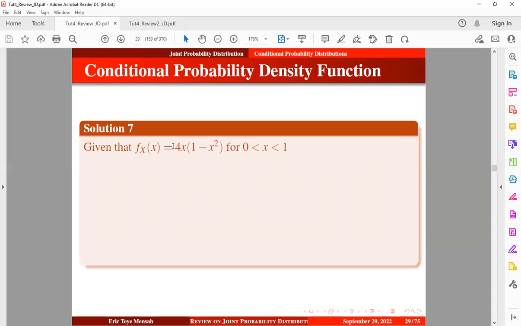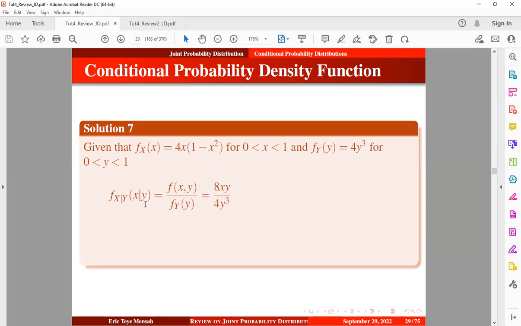Given that the marginal PDF of X is given by this, and the marginal PDF of Y is given in this form, we obtained this from example 5, so we can check that. We want to find the conditional PDF of X given that Y is equal to a particular value of y, so we can express this in this form.